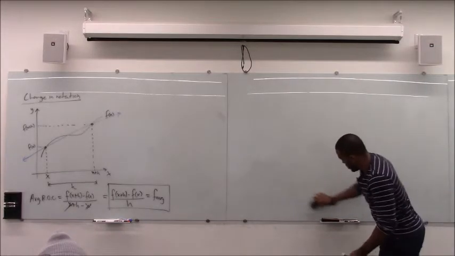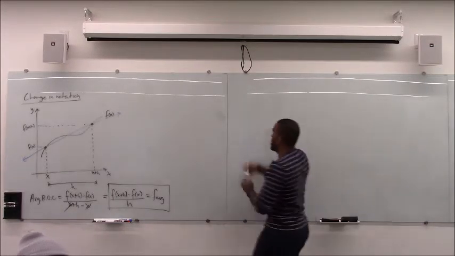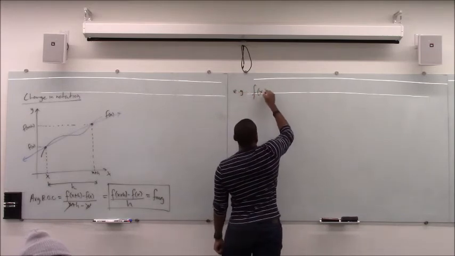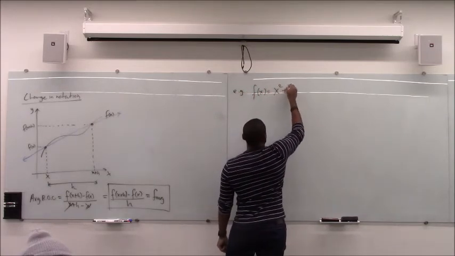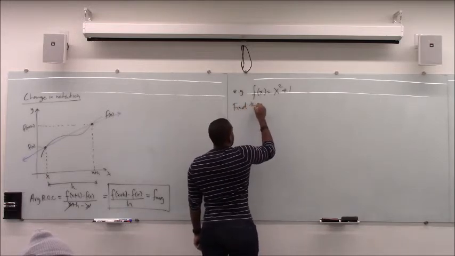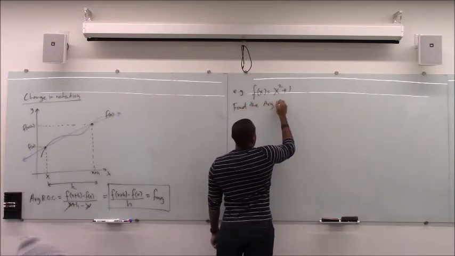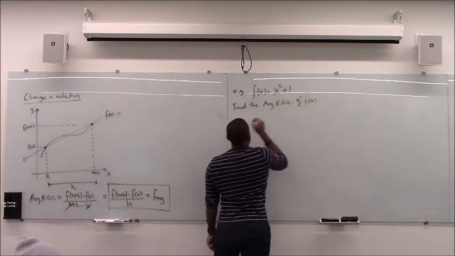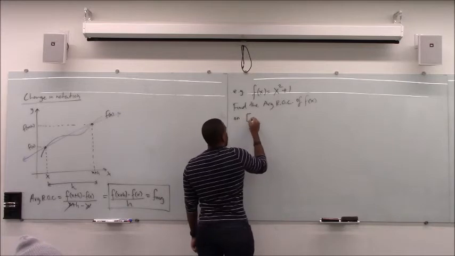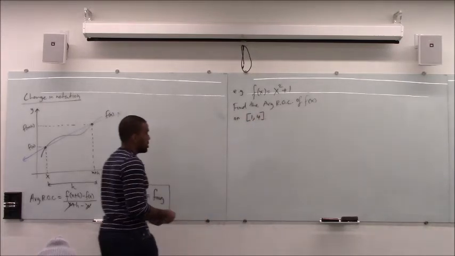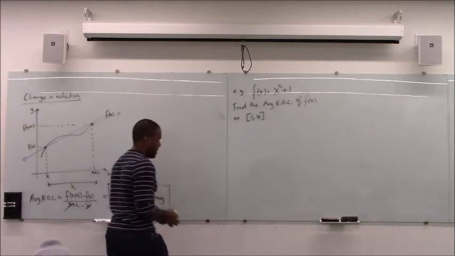So something like this shows up on a test or quiz. Let's do an example. Let's say f of x is x squared plus 1. Find the average rate of change of f of x on, let's say, this interval 1, 4. So a couple ways I could actually do that.